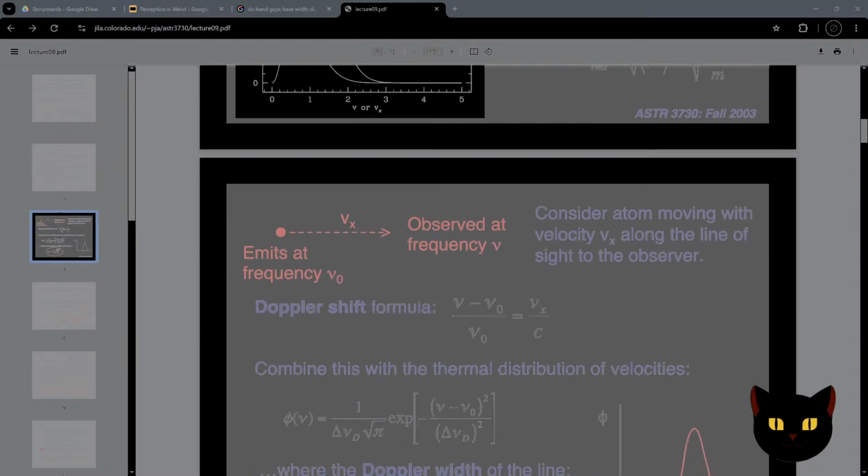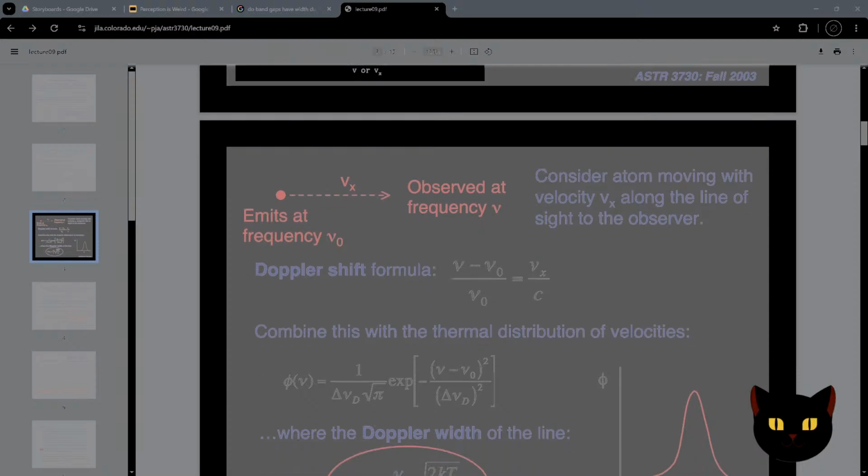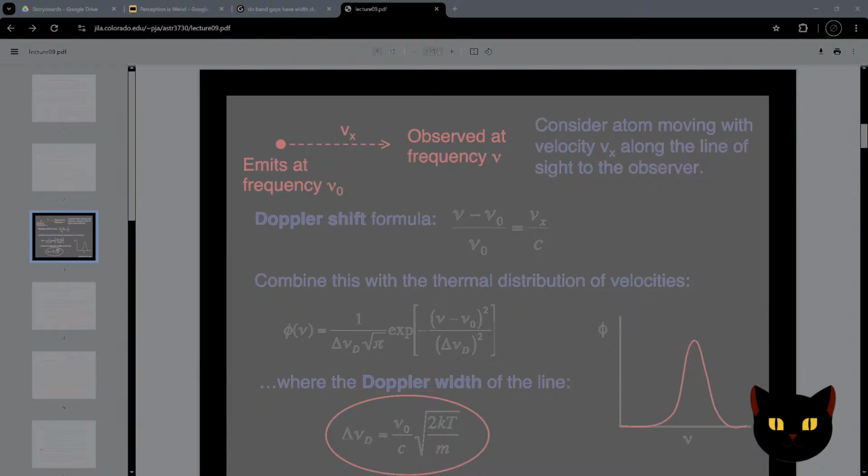The emitted frequency, okay. Insight to the observer, that's what we talked about, so we learn the observer. Then there's the Doppler shift due to the relative motion.